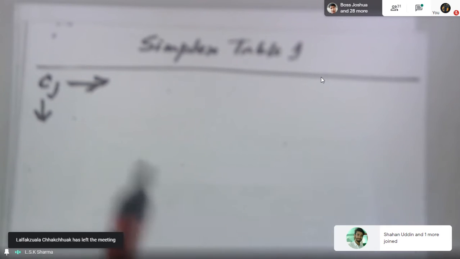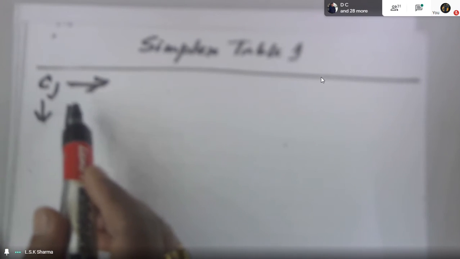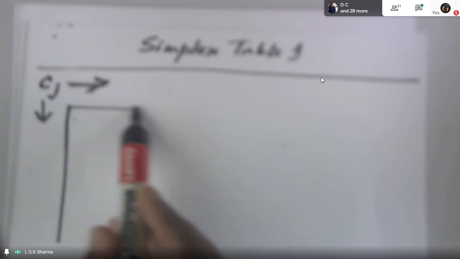Now once you've done this, you draw one column from this CJ, one column down, and the other one across on the row. Then you draw a line in this column, then another across that.